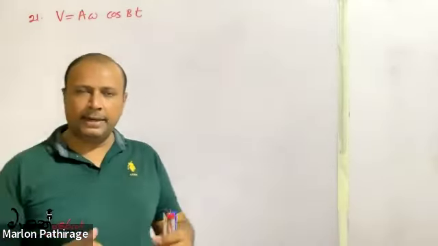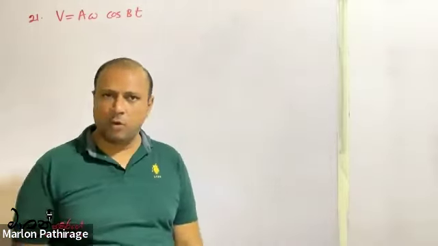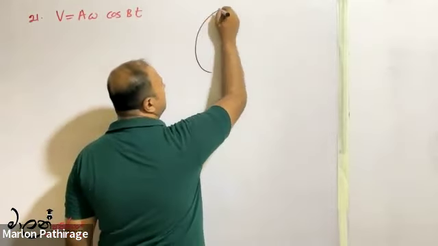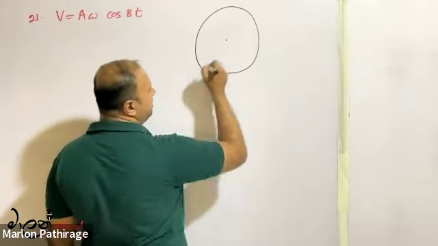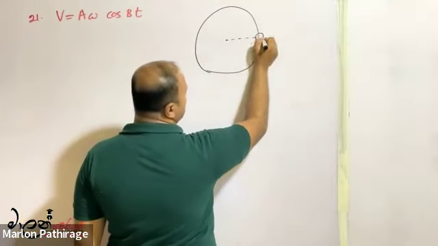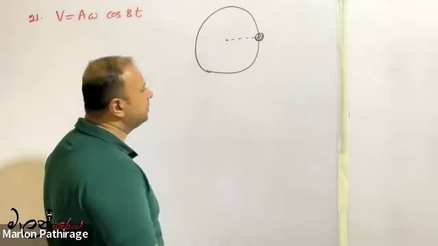Suppose an object rotates about a circular path. Now, this is the circular path. The object rotates in this circular path.